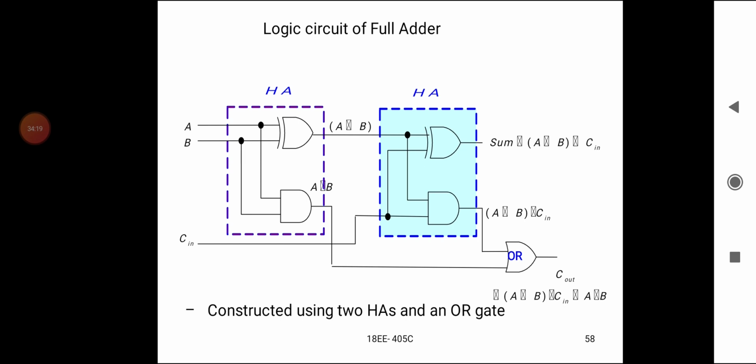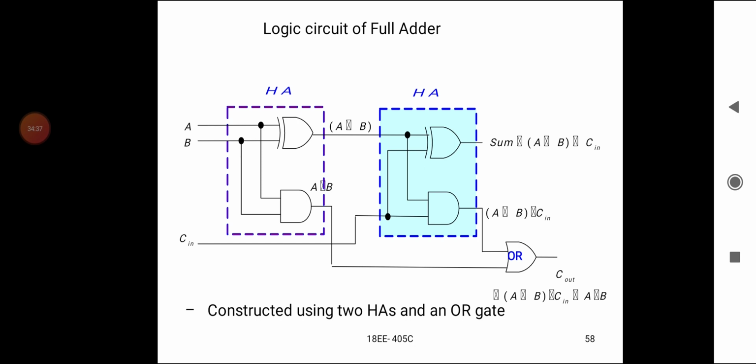The first half adder receives A and B inputs and it will generate sum A exclusive OR B. The carry output is A dot B.